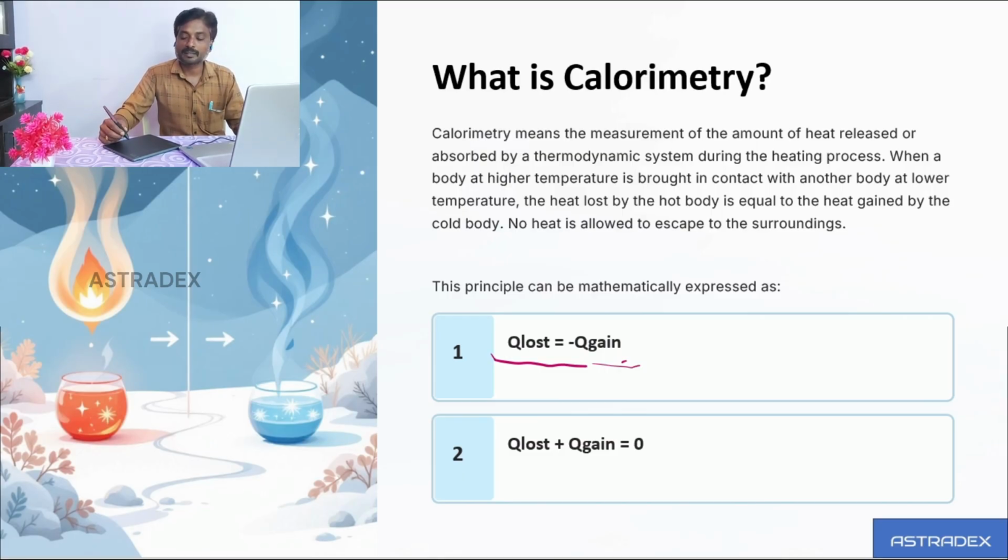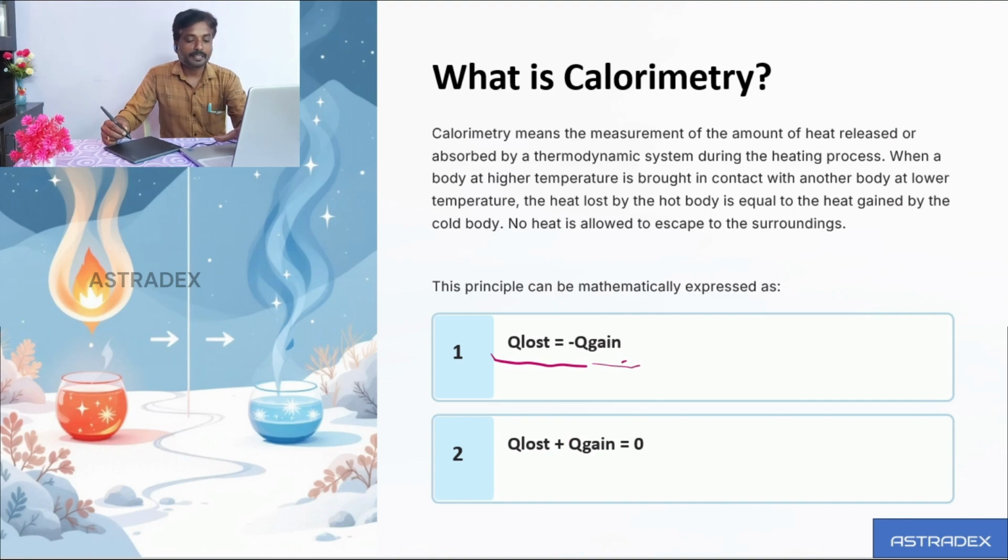If we rearrange this equation, we get heat loss plus heat gain is equal to 0. Q refers to heat.